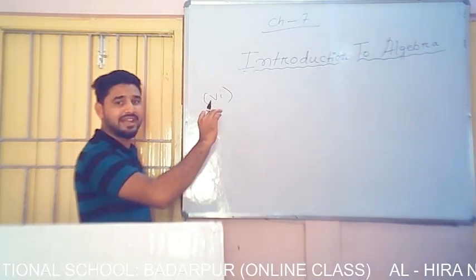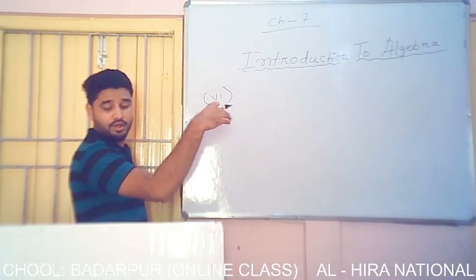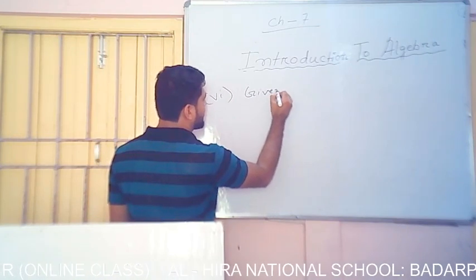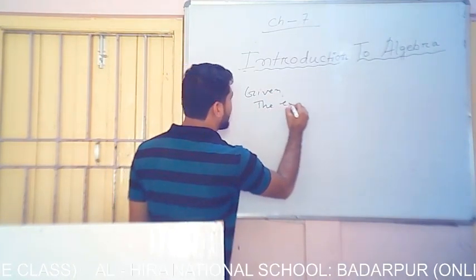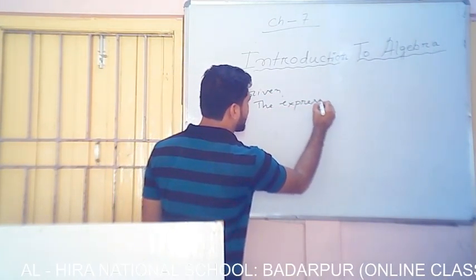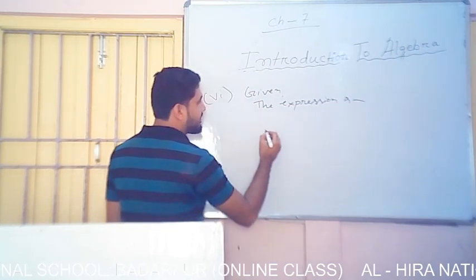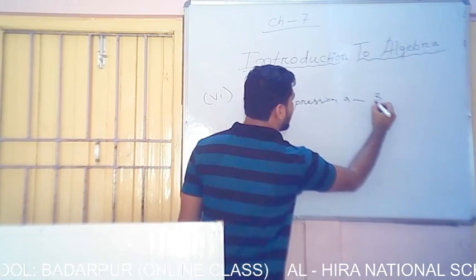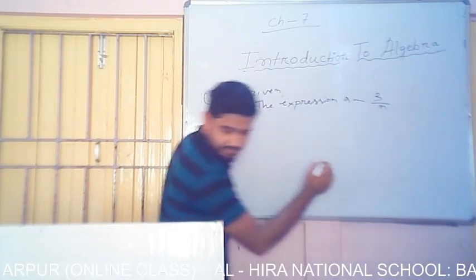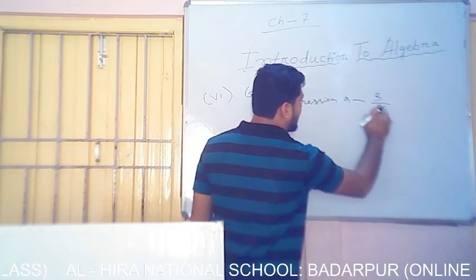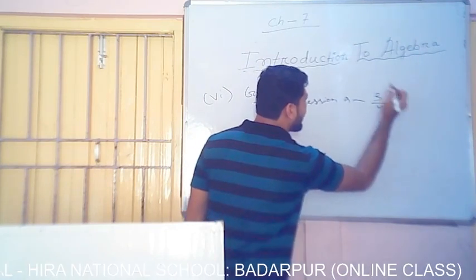You write: given the expression is 3n by 4, that is, 3 by 4 into n.